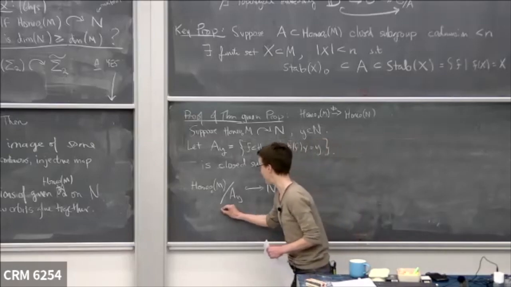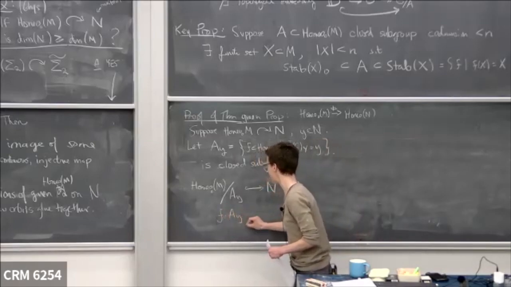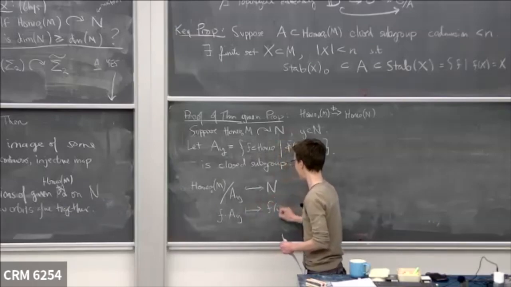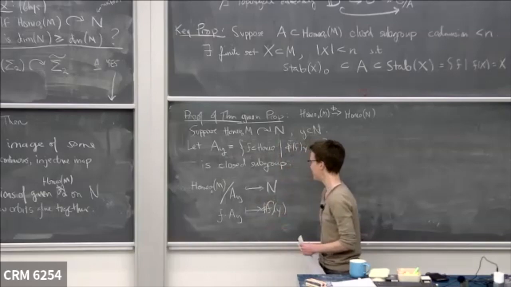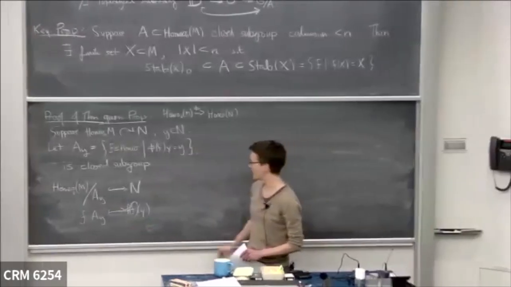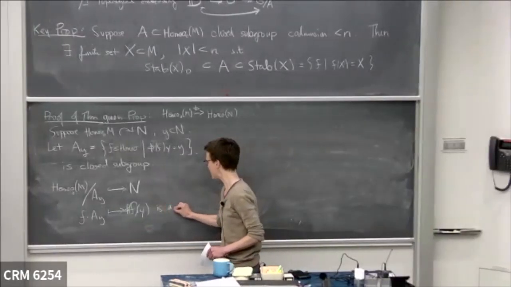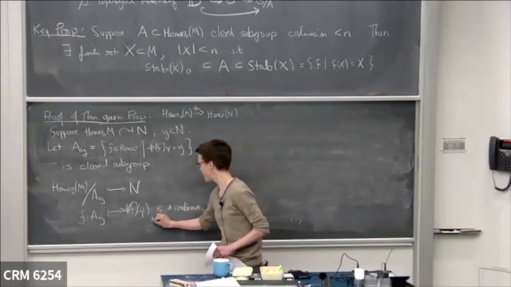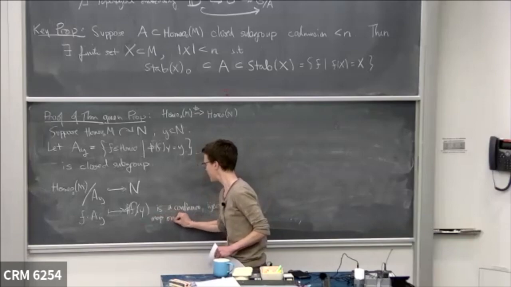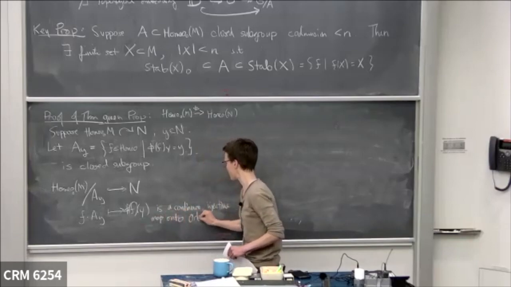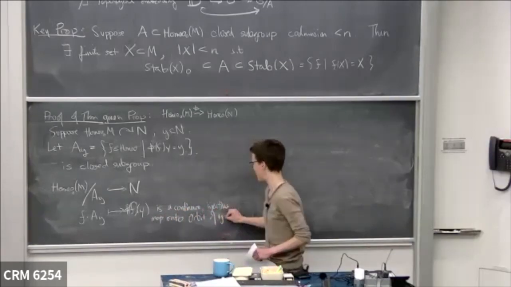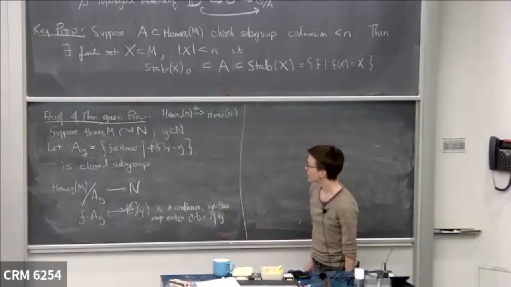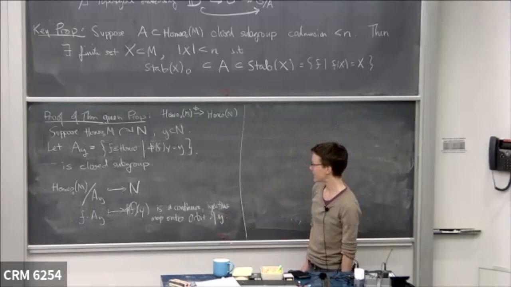The left coset of A_y mapping to phi f of y is a well-defined, continuous, injective map onto the orbit of y under this action. Good.